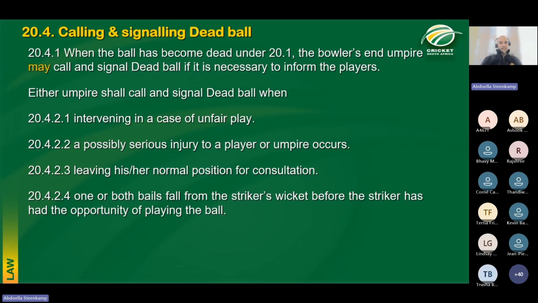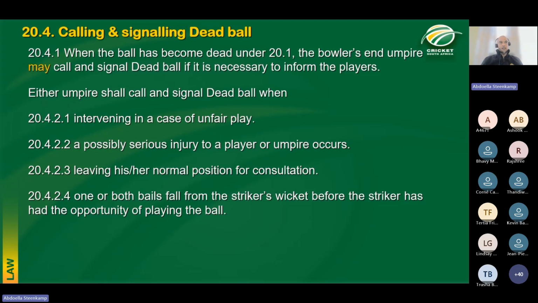Umpires need to call and signal dead ball if one or both bails fall from the striker's wicket, with emphasis on striker's wicket, before the striker has had an opportunity of playing at the ball. Either umpire can intervene, although the striker's end umpire is in the best position, because many times the striker will block the bowler's end umpire's view of the stumps.